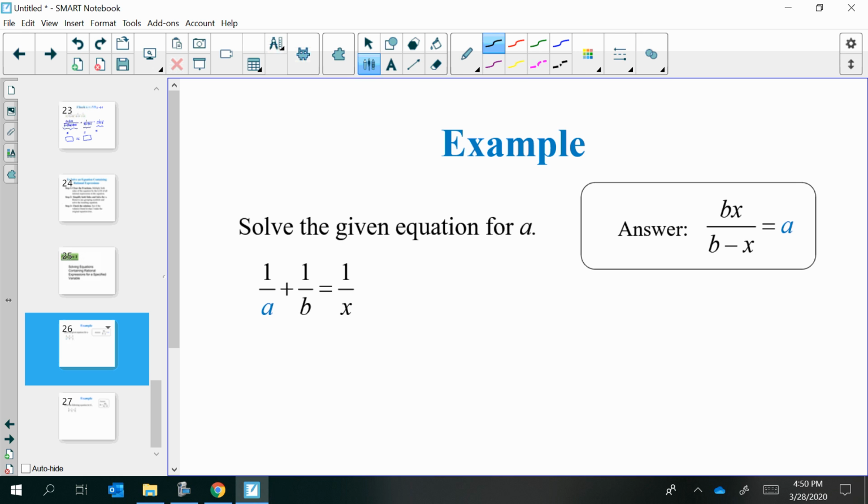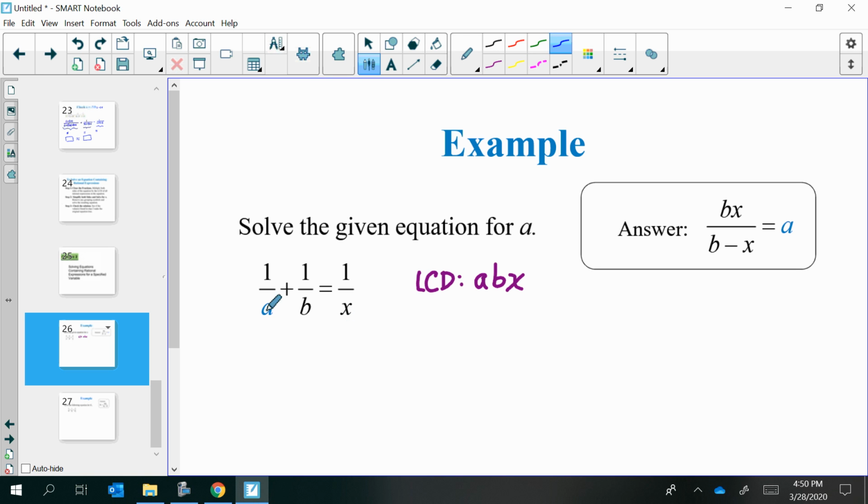So what is the LCD? The LCD here is A, B, X. So I will multiply all of my equations by ABX and see what cancels from each term and rewrite it.